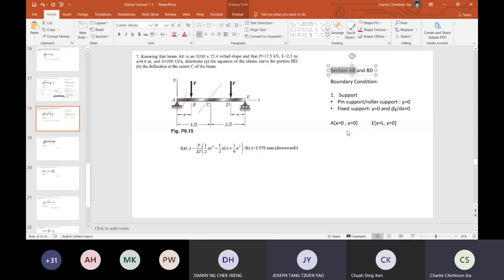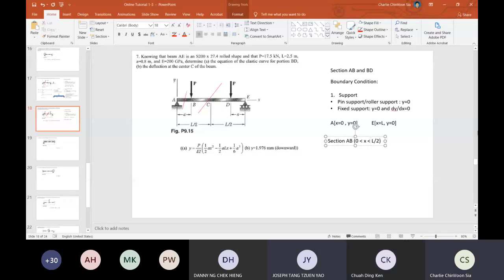Okay, so back to, I split it up, section AB. Section AB basically is x from 0 to L over 2, right? Okay.